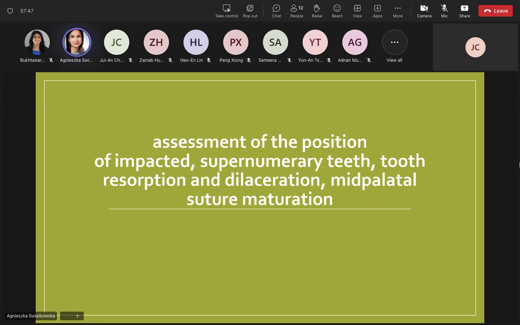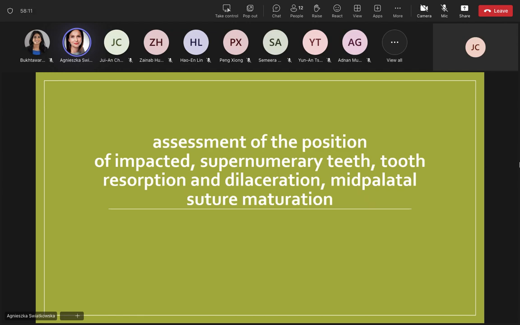For what we use this CBCT X-rays? We also use it to assess the position of impacted teeth, supernumerary teeth, when we want to estimate the presence or absence of resorption, which is on the vestibular or palatal side.